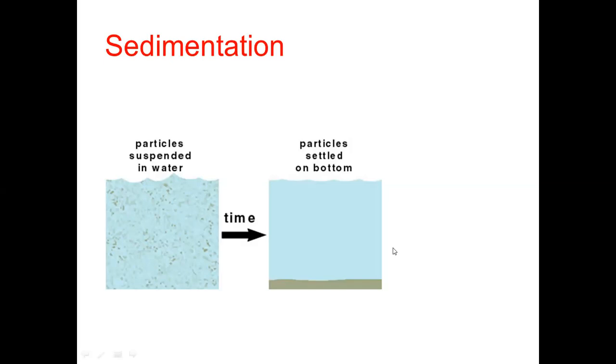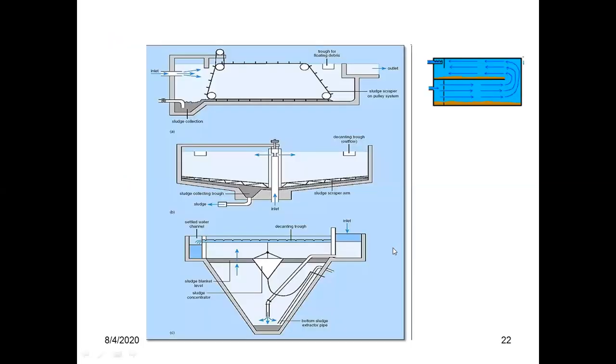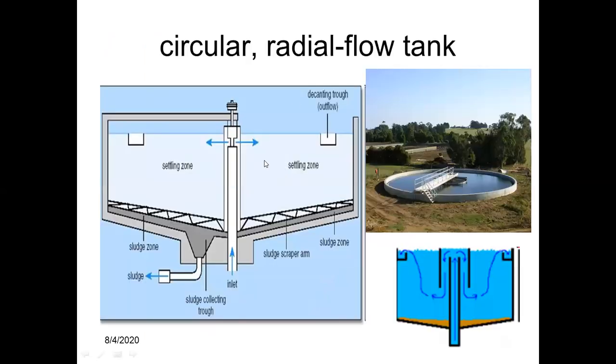So this is about sedimentation. These are typical sedimentation tanks. These are center feed circular sedimentation tanks. This is a rectangular sedimentation tank. This is a circular radial flow sedimentation tank.